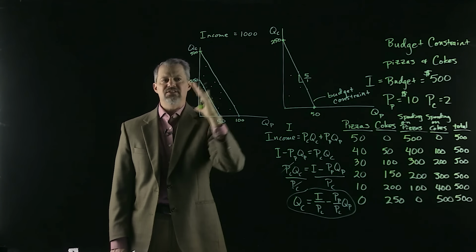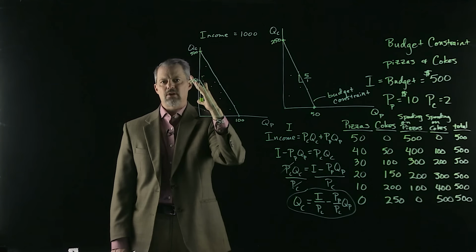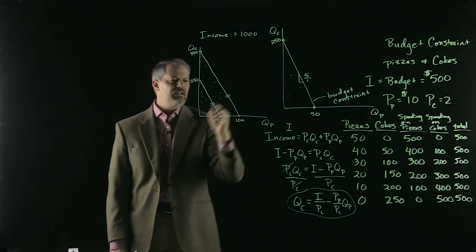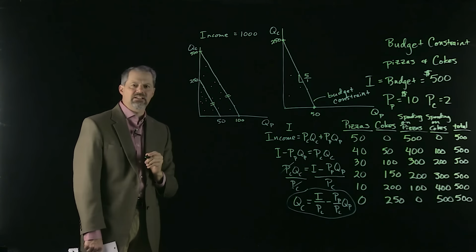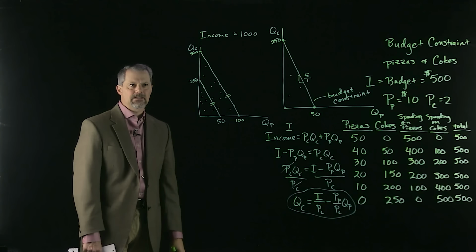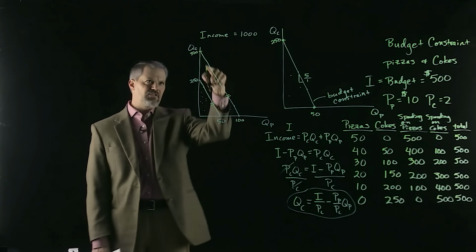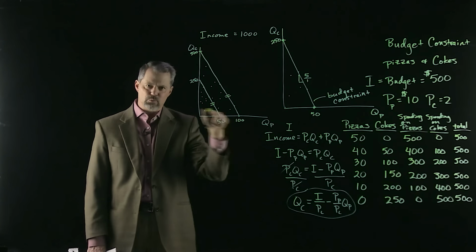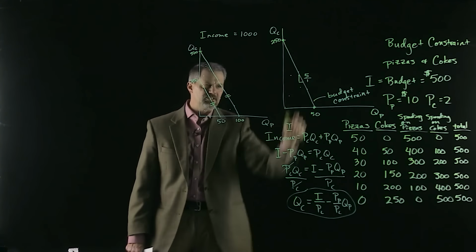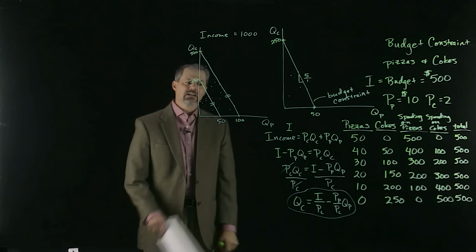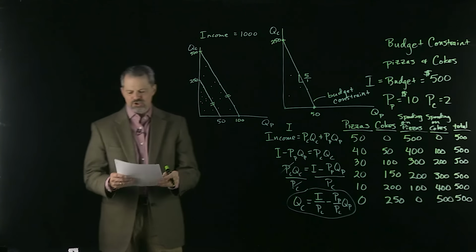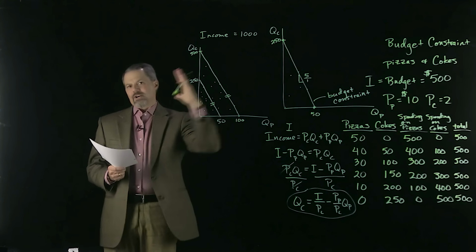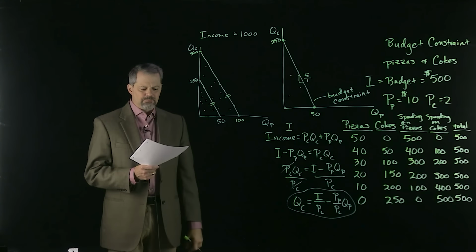If we decrease income, it moves your budget constraint inward parallel to itself. It's important that you recognize that the slope of those two things is exactly the same. If we calculate the slope of this one, it would be 500 divided by 100, which is 5, just like the slope of that one is. So changing income shifts that budget constraint out or in parallel to itself.